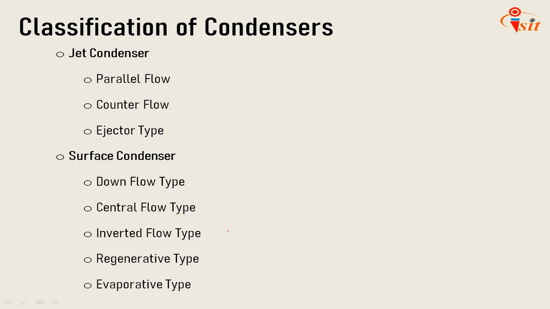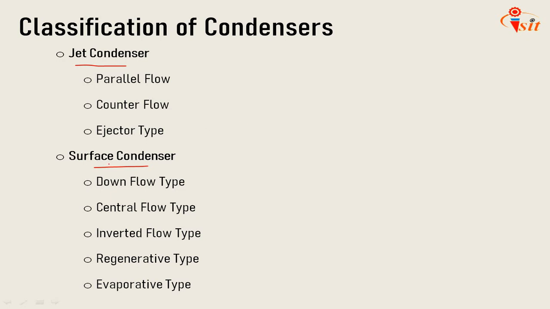Now next is the classification of condensers. There are mainly two types of condensers available, that is jet condensers and surface condensers.